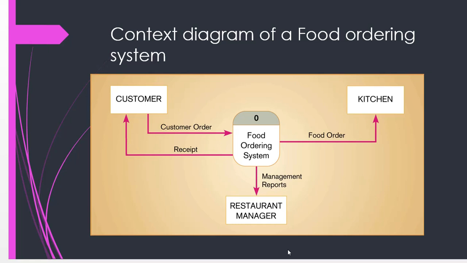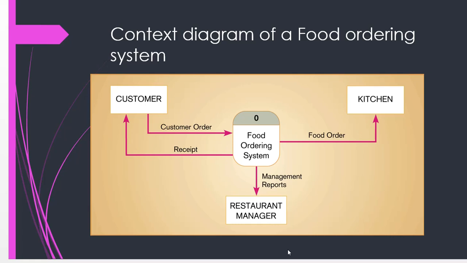So the whole point is we want to make sure that on the context level diagram, we are just showing the relationship or the flow of information between our system, which is the food ordering system, and our various external entities. And our external entities are either people, for example, the customer and the chef in the kitchen, as well as the restaurant manager, or it could be another system.